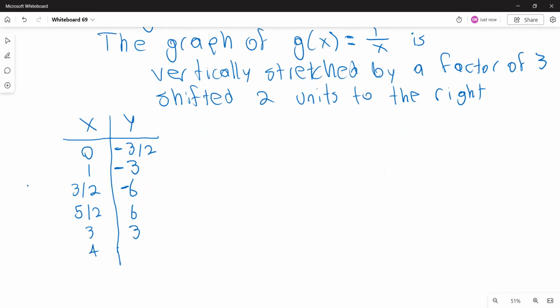And 4 minus 2 is 2, so 3 over 2 is going to be 3/2.